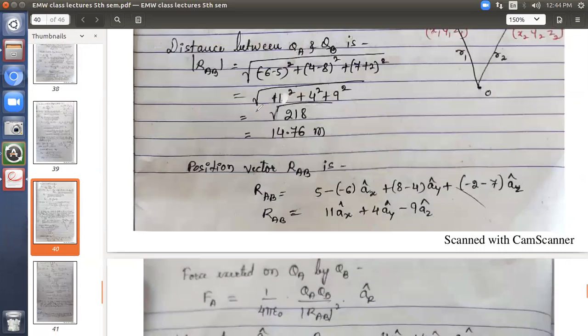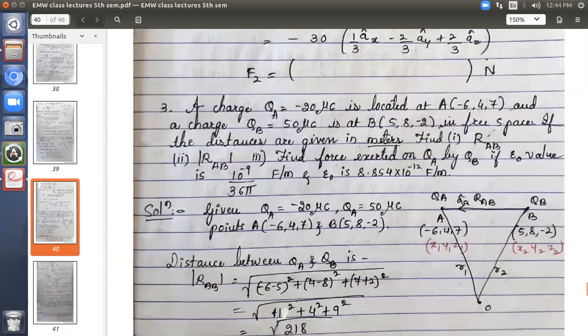Now, what all we have done: we got this position vector, we got this magnitude. We need to now find the force exerted on charge QA because of the existence of charge QB. Obviously when two charges are placed, because of one charge, the other will experience a kind of force, maybe attractive or repulsive depending on the sign.